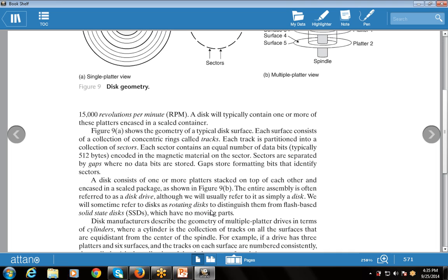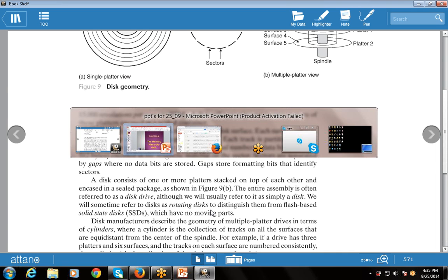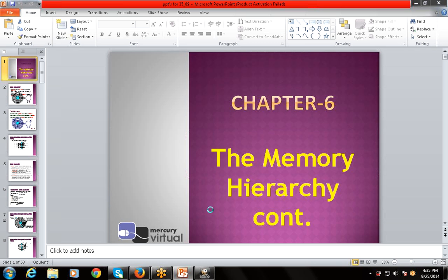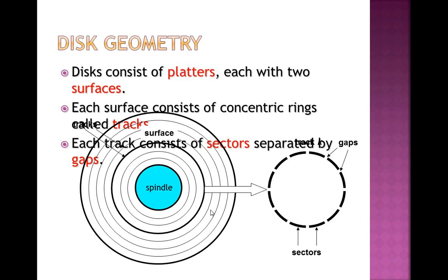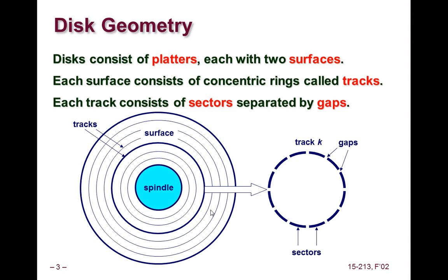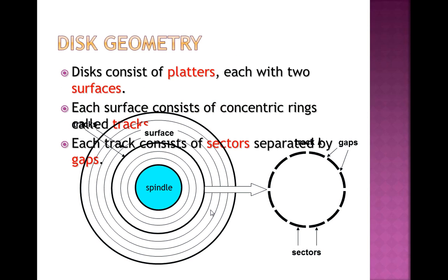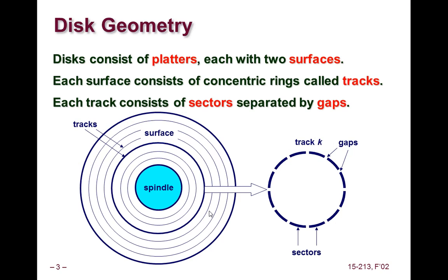Now let's see with the help of PPTs. This is disk geometry, same concept. This is the same slide. This consists of platters, each with two surfaces. This is surface 1, this is surface 2. These are the two surfaces.